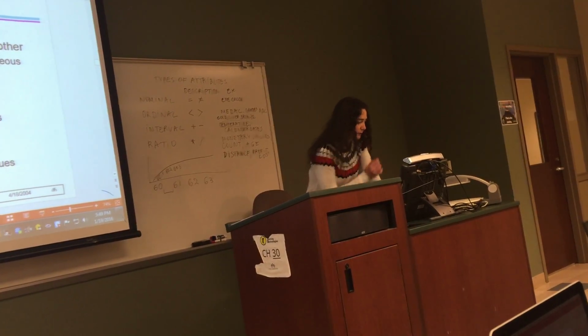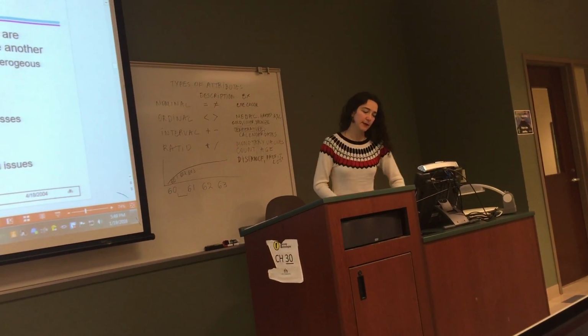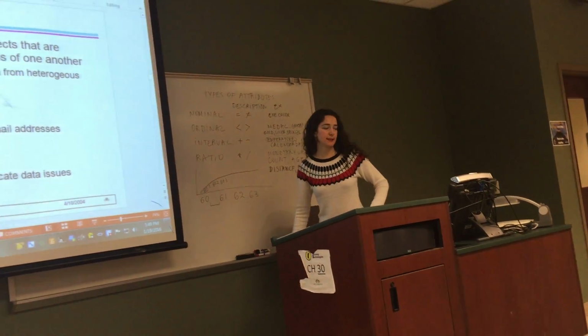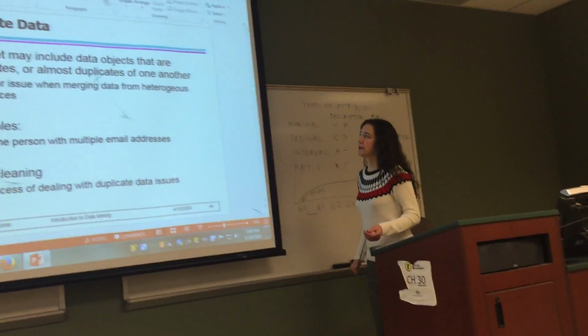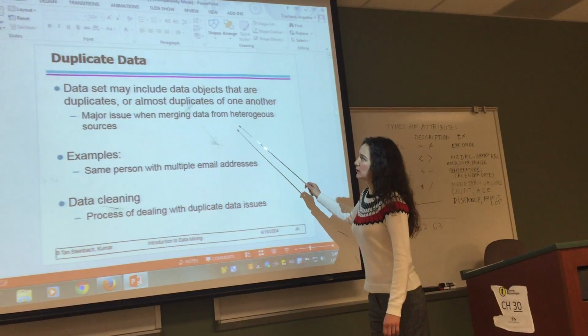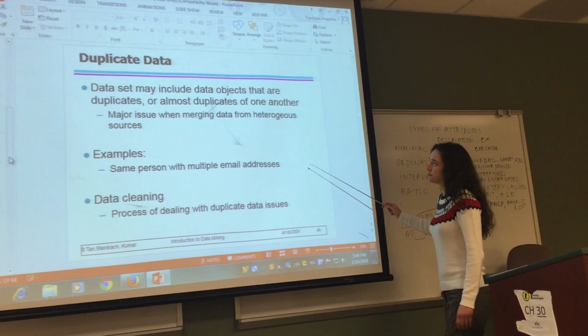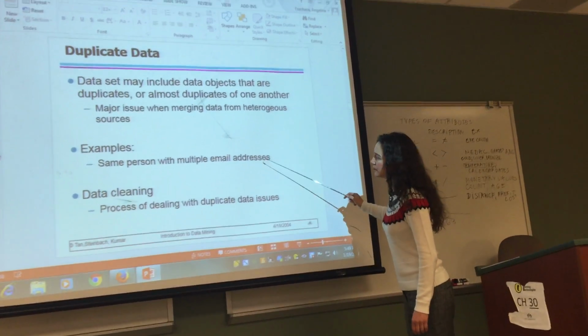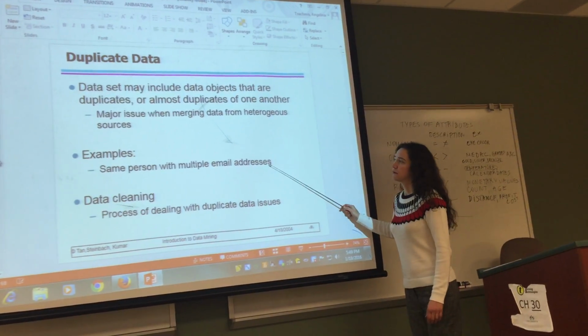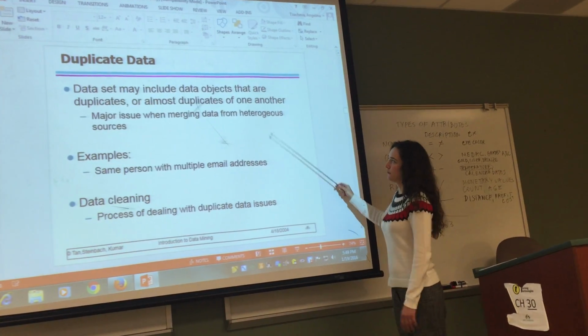So we mentioned that we could have integrated two or more data sets together. And when we do that, we could get duplicate data. Or we could just have duplicate data even if we didn't merge them.